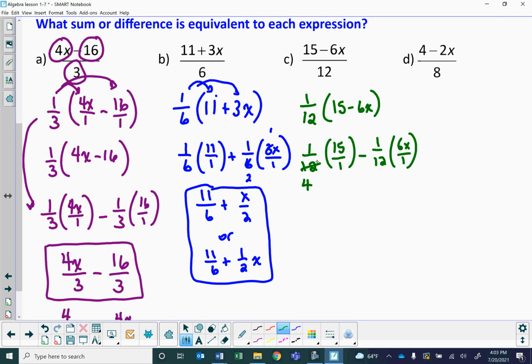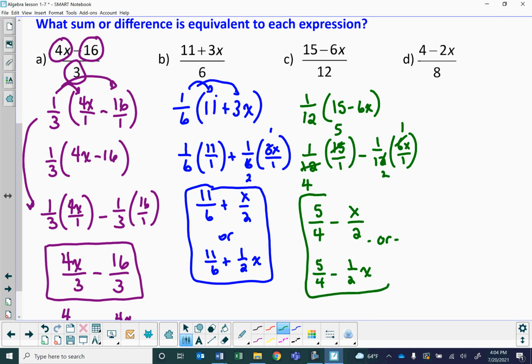So this would be a 4, and this would be a 5. So this becomes 5/4 minus 6 goes into itself once and a whole twice. So this would be x over 2. Or 5/4 minus 1/2 x. Doesn't matter to me which way you do it.